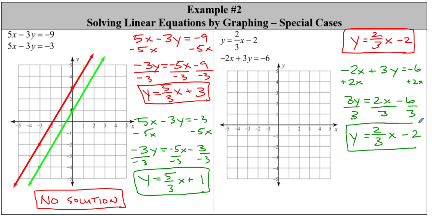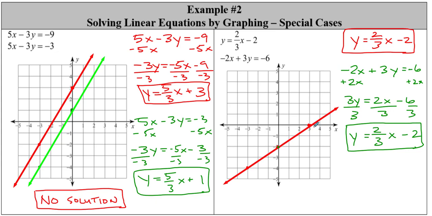Oh, take a look. What does this look like? Looks like this and this are exactly the same. So if we were to draw our line right here, we go up 2 to the right 3, right? Positive 2/3, down 2 and back 3. Let's go ahead and put this line in. And then if I were to do my green line, it'd be the exact same thing.